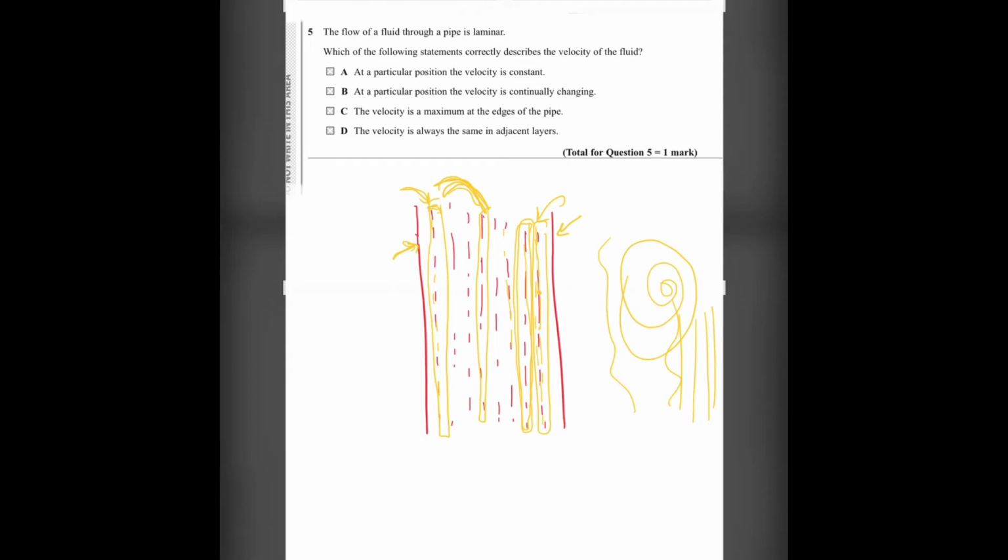So the maximum speed might be in the central area, not where the water is near the pipe.